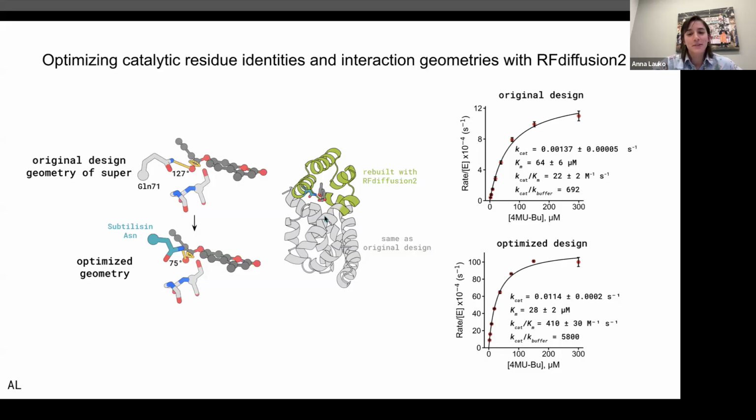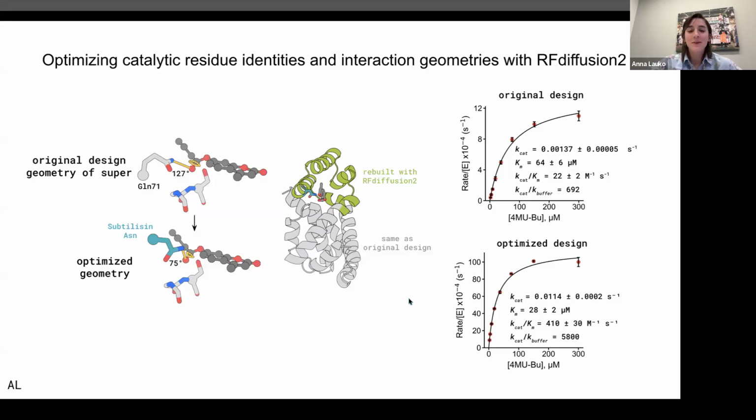to scaffold this teal side chain oxyanion hole residue. On the left, we can see a comparison of the Michaelis-Menten plots between the original design and the optimized design. The optimized design has a much higher kcat over KM, about a 20-fold improvement. That improvement mostly comes from kcat, which is improved by about 10-fold, and KM is improved by about 2-fold.